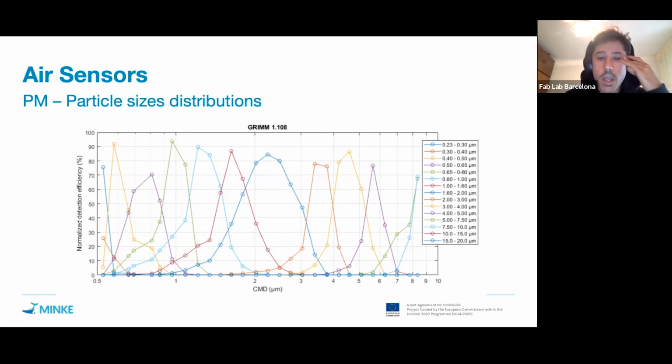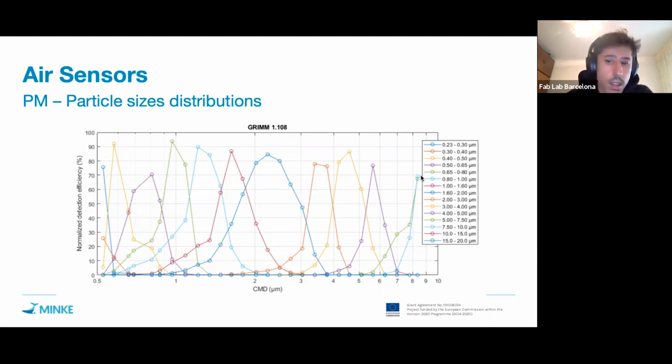So in this graph, we see a very commonly used type of particle counter called GRIM, that you can see has a very good detection efficiency on all of the different sizes. On the horizontal axis, we have the particle size, and on the vertical axis, we have the efficiency. And we see that it performs very well in all the cases.